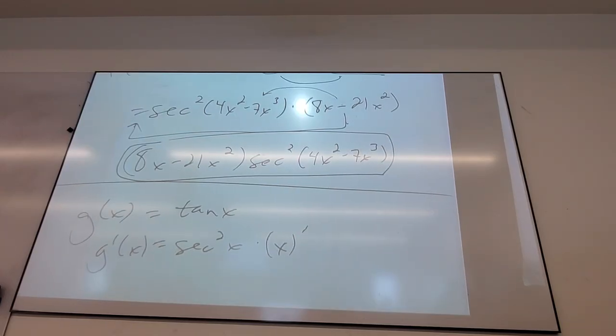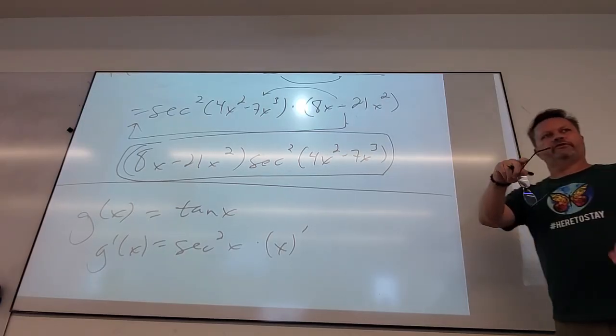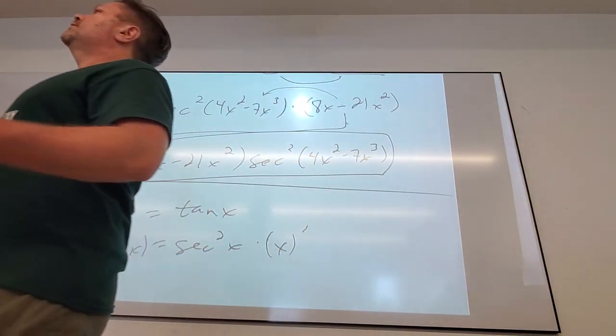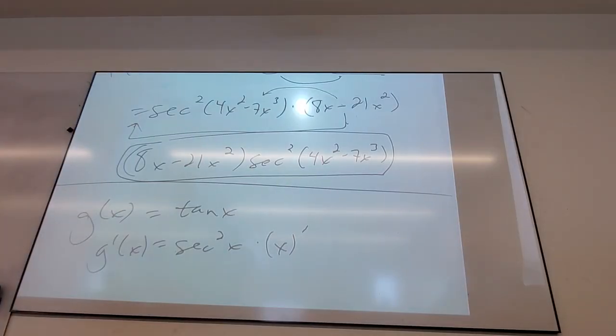I need you to understand, every derivative we've ever done has used chain rule. We just didn't have to think about it because the derivative of the inside is 1 if it's just x. So technically when you say, when do I use chain rule? The answer is always. When does it actually change the answer? If the inside's more than x. If the inside's just x, the derivative of x is 1. It's not going to do anything.